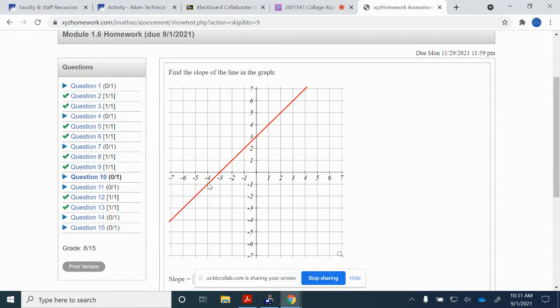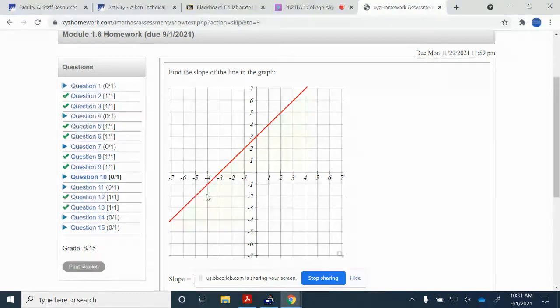I can take any of these points that actually fall in our coordinate system. I know the coordinates for this point are -5, -2. The coordinates for this point are -4, -1.